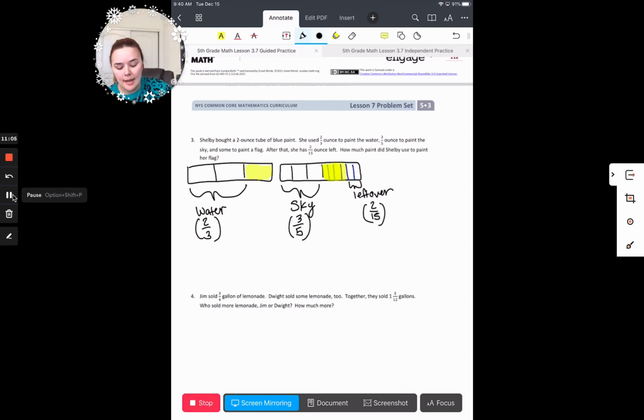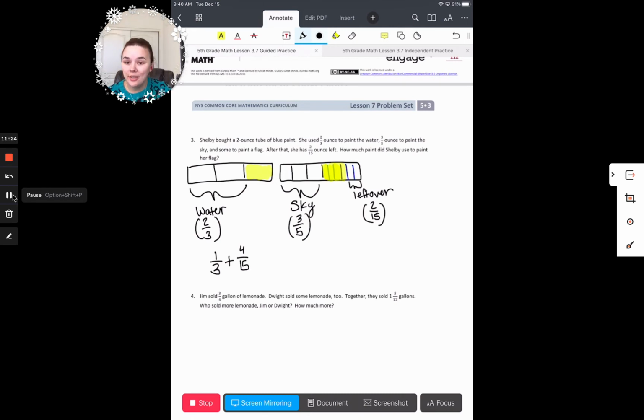So we're going to add, we have 1/3, and then we could say 1/5 and then 1/15, or we can add those fifteenths together, so we have 4 fifteenths. So we need to add those two together.